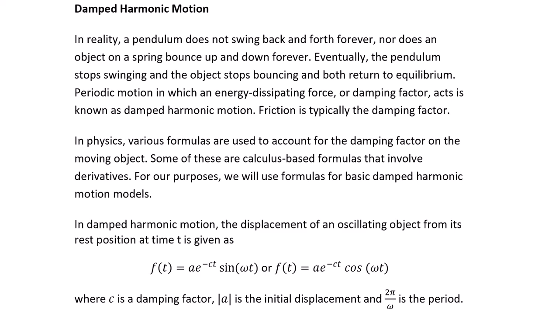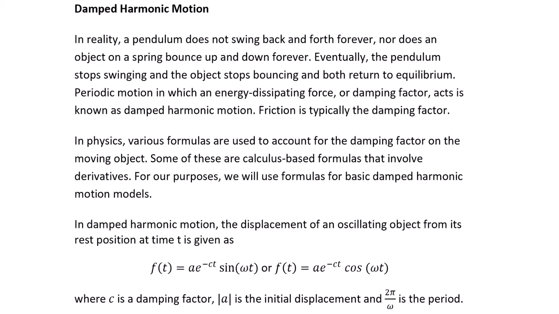In reality, a pendulum does not swing back and forth forever, nor does an object on a spring bounce up and down forever. Eventually, the pendulum stops swinging and the object stops bouncing, and both return to equilibrium. Periodic motion, in which an energy dissipating force or damping factor acts, is known as damped harmonic motion.